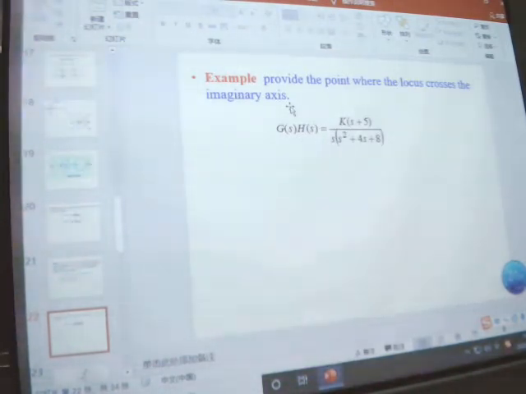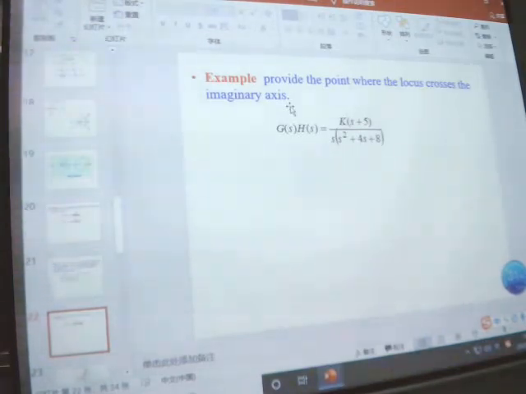But we should write like this: 1 plus GsHs is equal to 0. Second, this s is substituted by j omega. Then we can get this equation, where the real part and the imaginary part are both equal to 0.